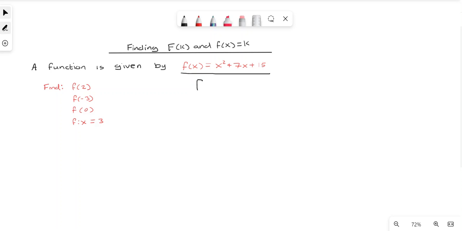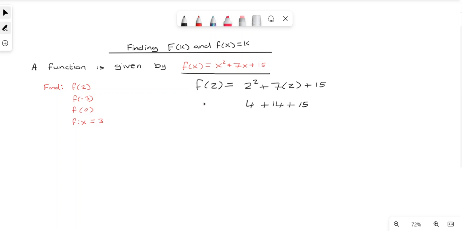So it'll look like this. Function 2 is going to be equal to 2 squared plus 7 times 2 plus 15. So that's what it's going to look like. Now what we do is we just solve this. So 2 squared is just 4, plus 14, plus 15.